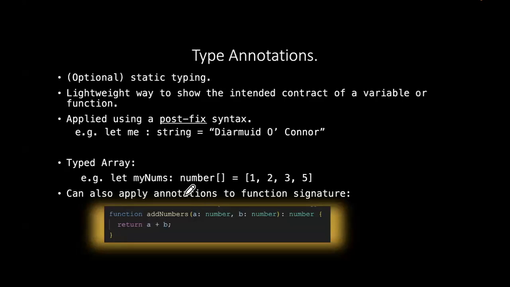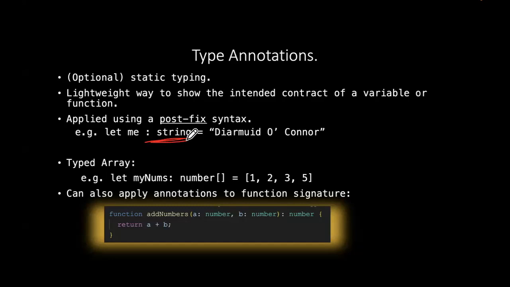Now, in terms of the language syntax itself, the TypeScript language syntax, the very first thing that you're going to come across is what are called type annotations. And here's an example of what I mean by type annotation. So I'm declaring a variable here using the let keyword, which is straight from JavaScript. The variable is called me, and this part here is what we refer to as a type annotation.